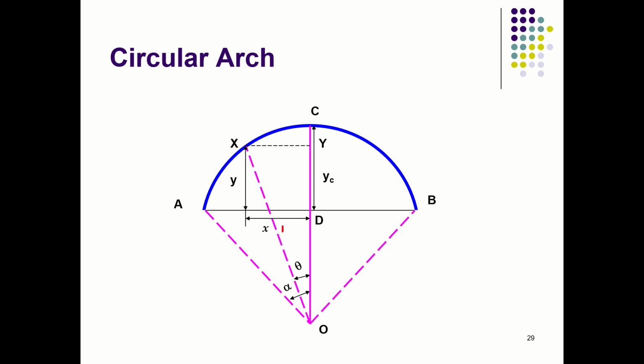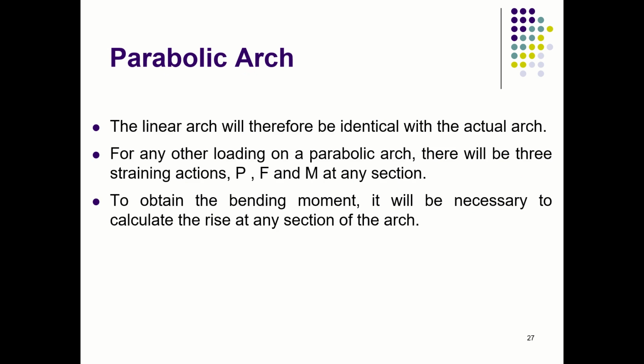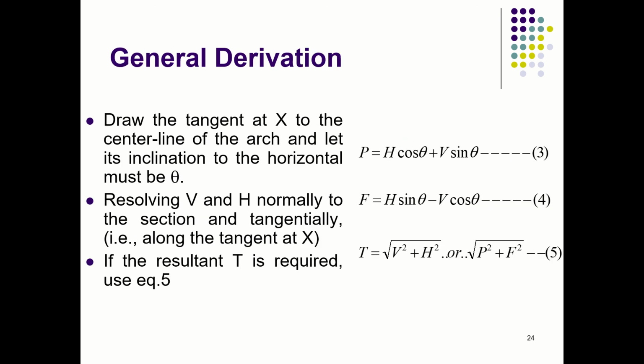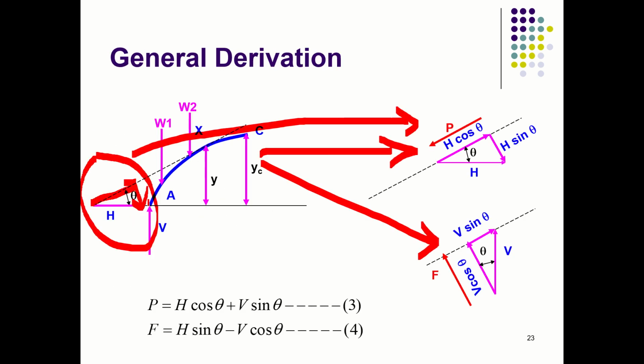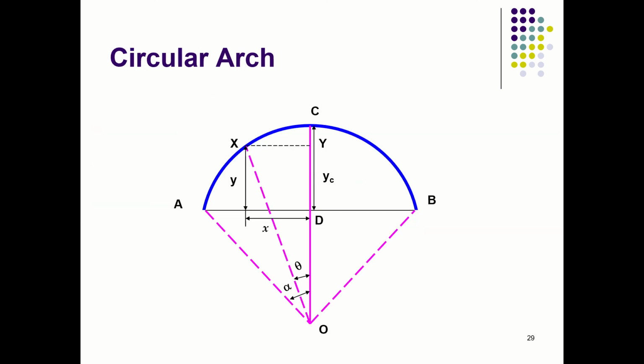Please keep in mind that in the parabolic arch you were taking the distance x from point A, from this support. However, in the circular arch you are taking it from the center. See, x is the distance from the center, right?